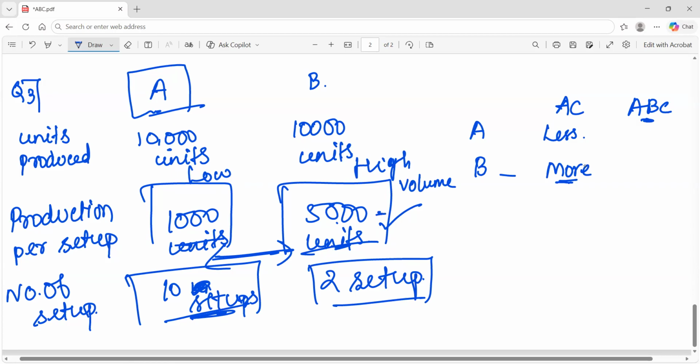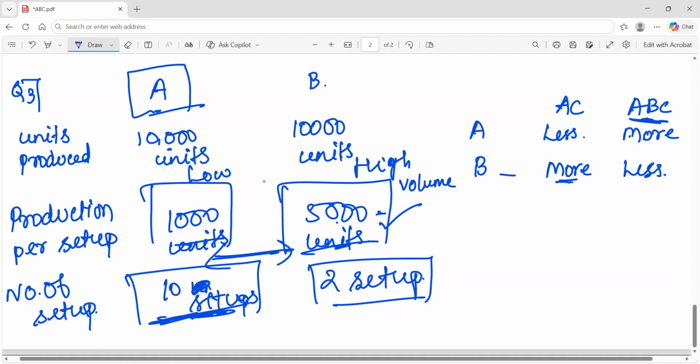So here, under activity-based costing, product A will absorb more overheads and product B will absorb a lesser amount of overheads. Because product A is a more complicated product, it requires more setups, so it is consuming more resources. A major portion of overhead has to be absorbed by product A under the activity-based costing system.